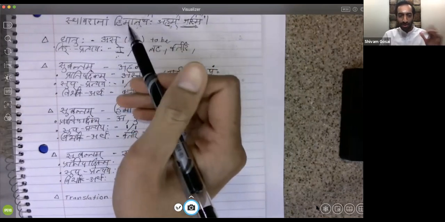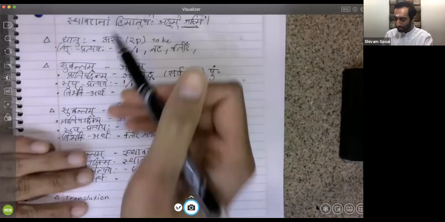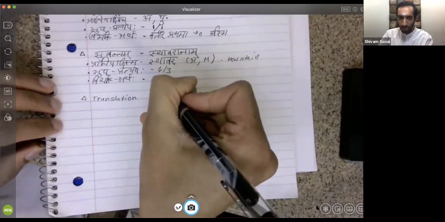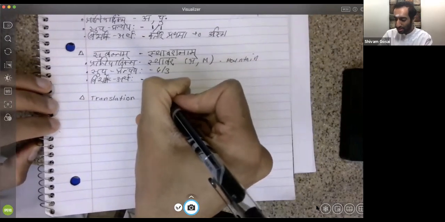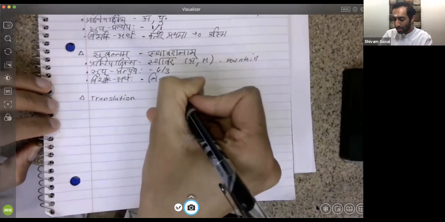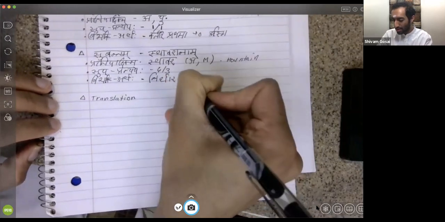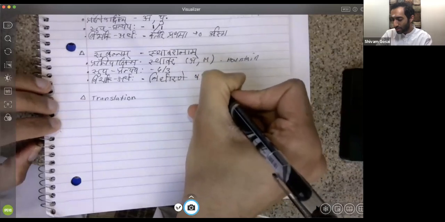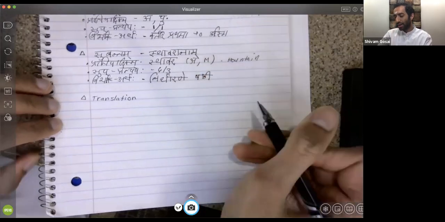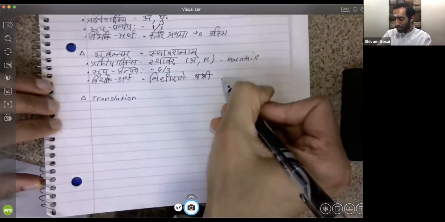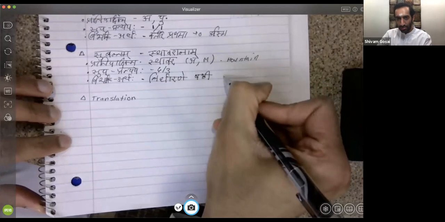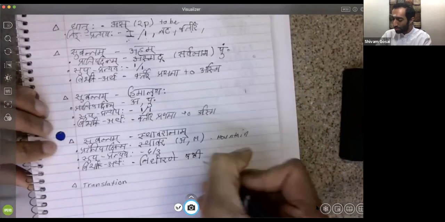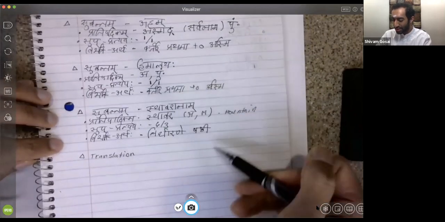This is the vibhuti of Ishvara, the glory of God. So what kind of Shashti is this? Nirdharane Shashti. And this is non-karaka, so we don't need to write 2 anything.